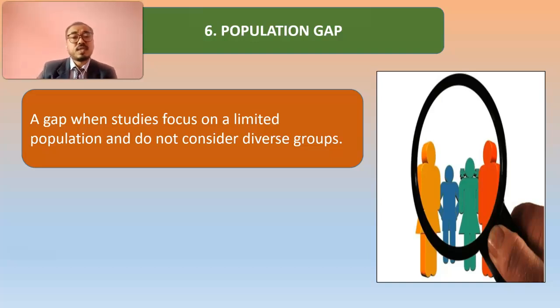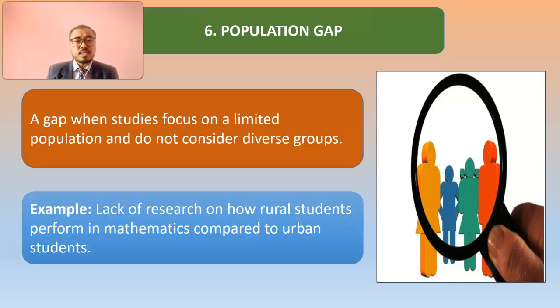If we collected the data from only a small number of people, then there may be some lack of information, or we may not get the information which is needed by our research work. This is called population gap. For example, lack of research on how rural students perform in mathematics compared to urban students.